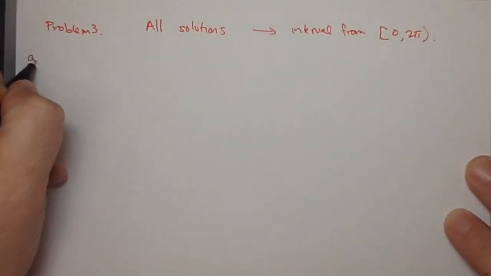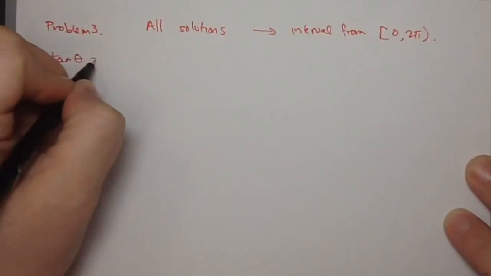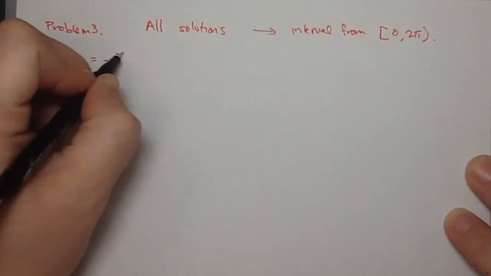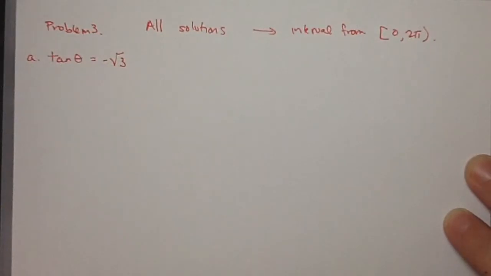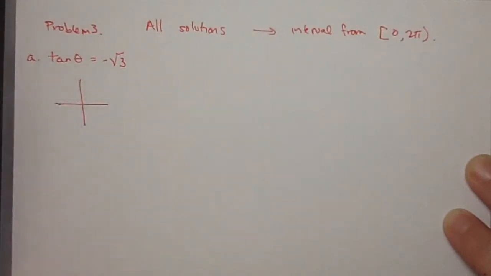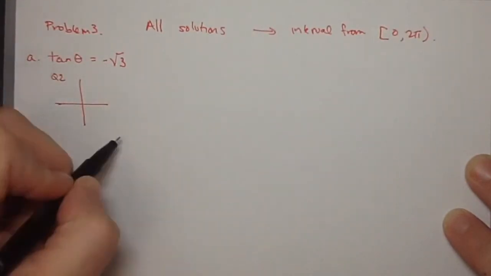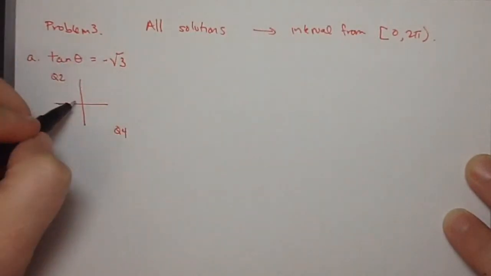So 3a says, well, what if the tangent of theta equals negative square root of 3? Okay, so tangent is sine over cosine, and we need them to have opposite signs. So I'm going to draw myself a little unit circle, and I'm going to be here in quadrant 2 and here in quadrant 4, right?